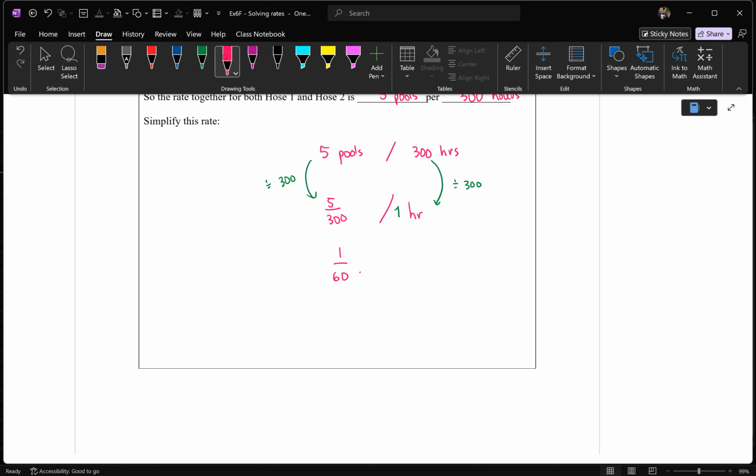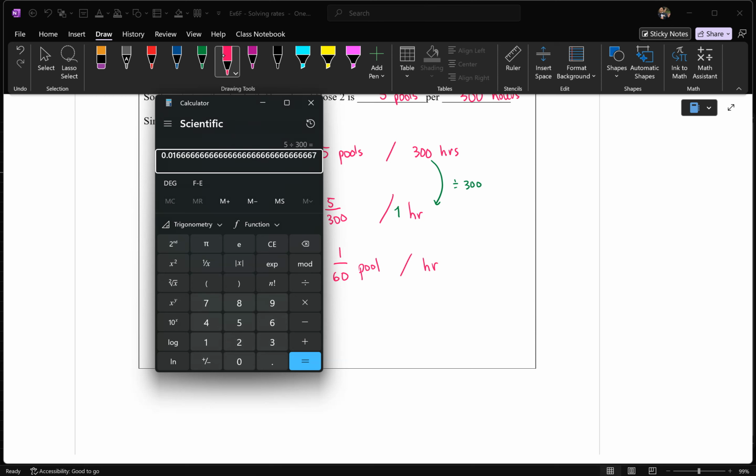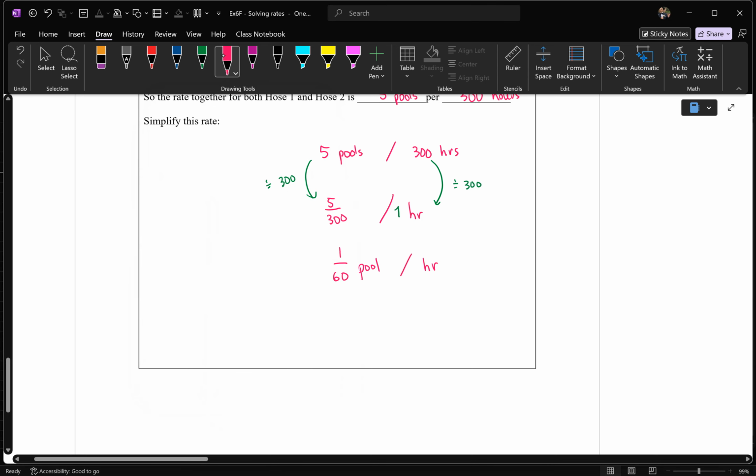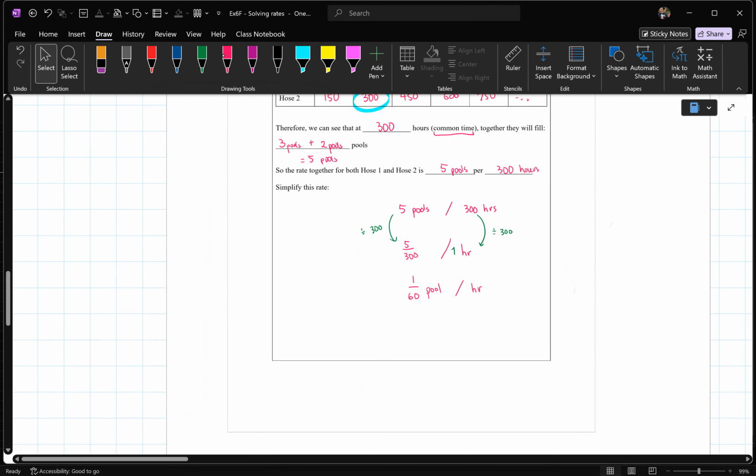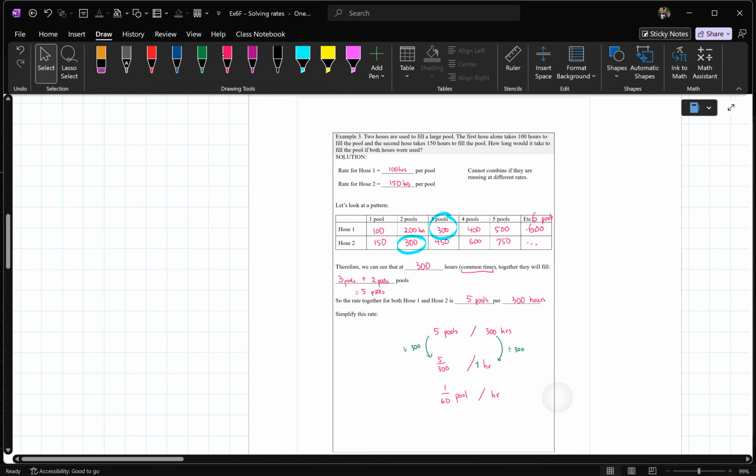So 1/60th of a pool will be filled per hour. For every hour these 2 hoses are turned on together, they will fill 1/60th of a pool, about 0.016666 of a pool. That's how much the rate would be.